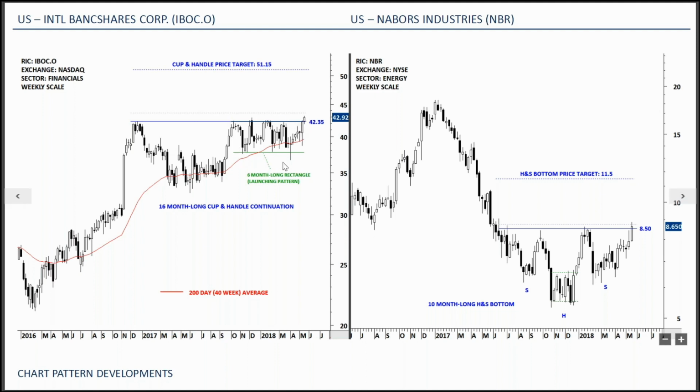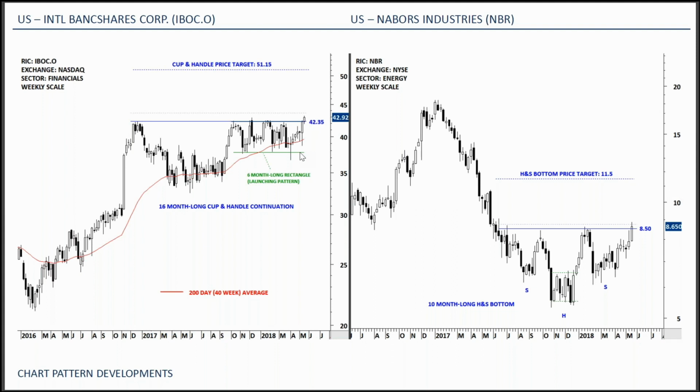The right side, the handle part, formed as a 6-month long rectangle, which I believe is going to be a launching pattern. You can see that the stock has been steadily consolidating above the long-term average. We also have this well-defined horizontal boundary that has been tested several times. And added to this, the stock is ready to break out to all-time highs.